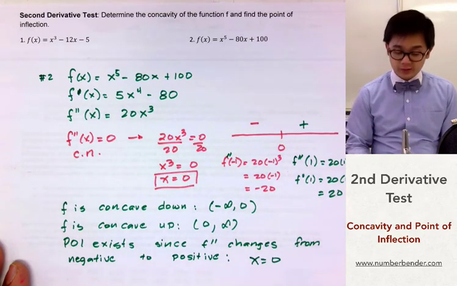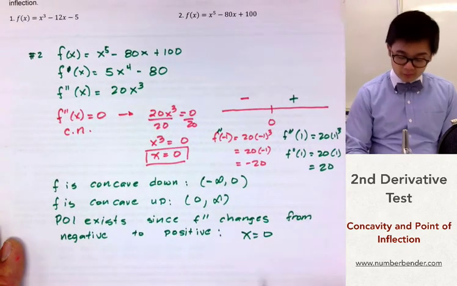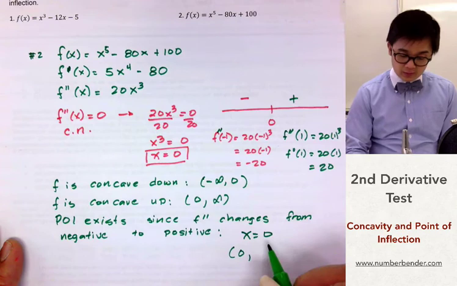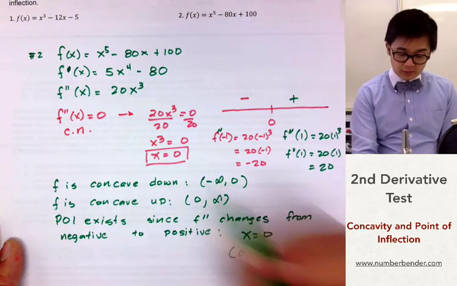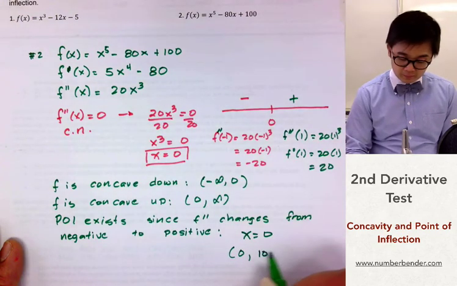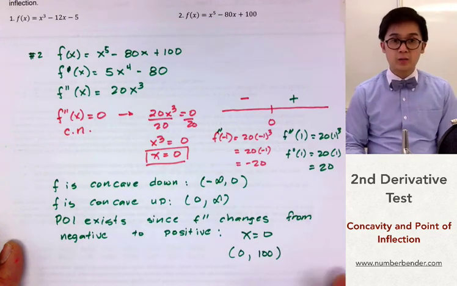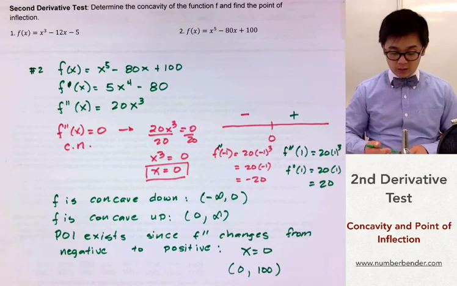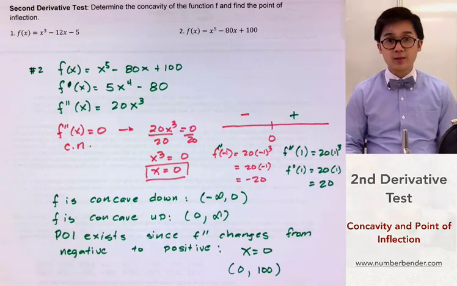And if you want to change it into an ordered pair, we'll have simply 0, and f of 0 is 100. So that is your point of inflection, and this is our analysis for the function f using the second derivative.